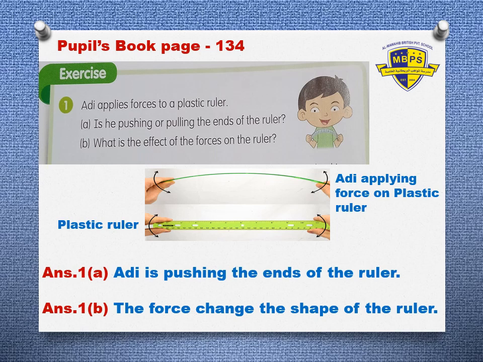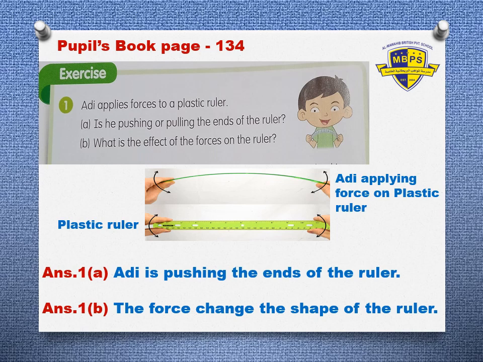Okay, so what is written there? Exercise. What is exercise number 1? Adi applies forces to a plastic ruler. When he applies force to a plastic ruler, what do you have to find out?